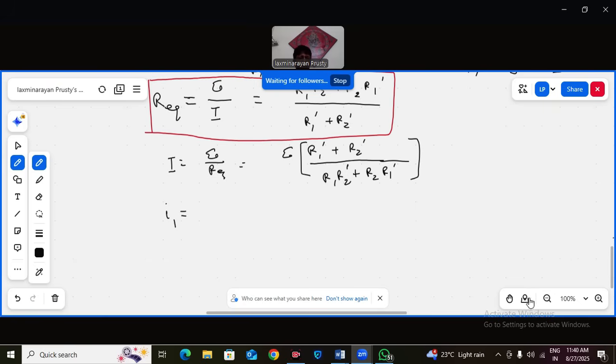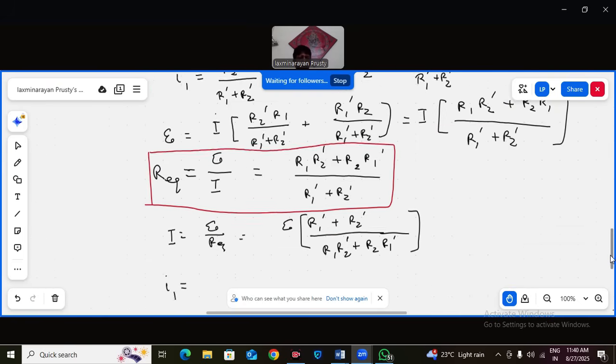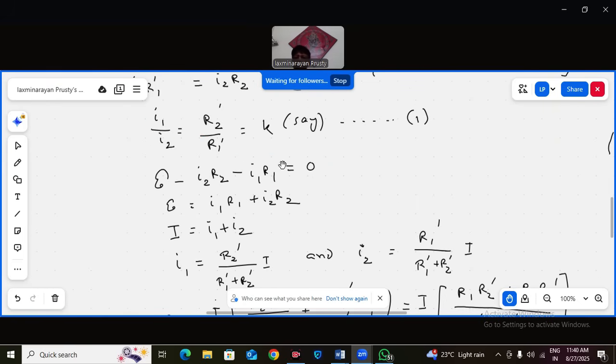I already found that out, I already told you in the beginning: in the ratio R2 dash by R1 dash.